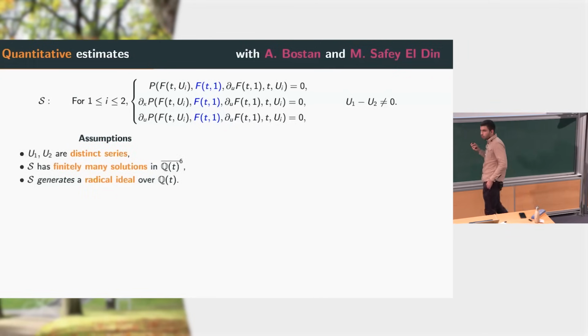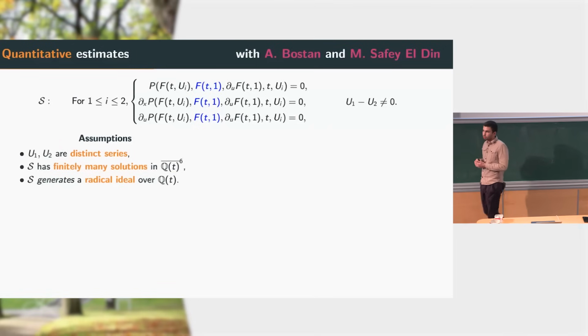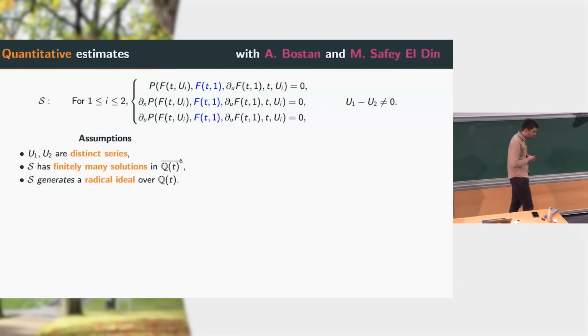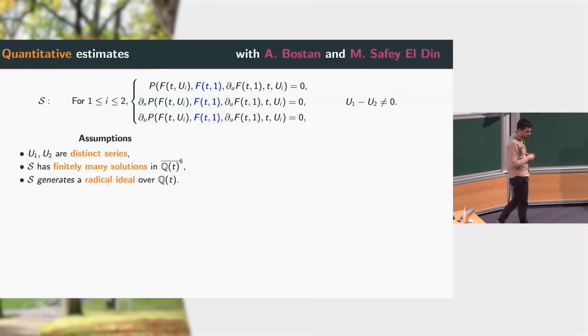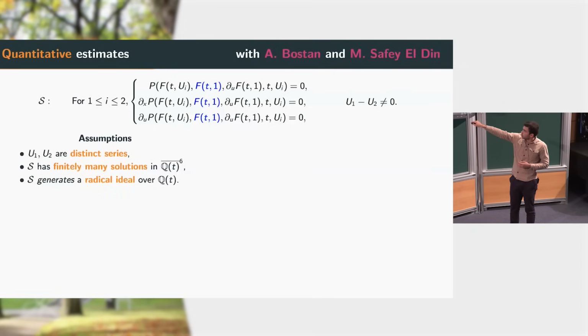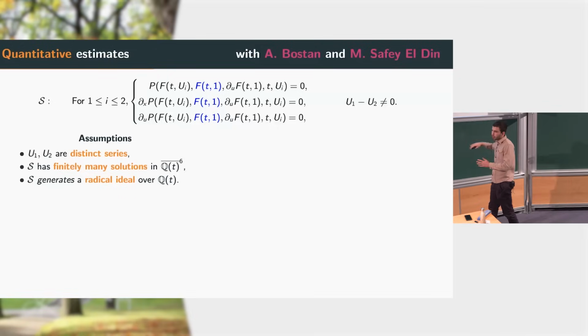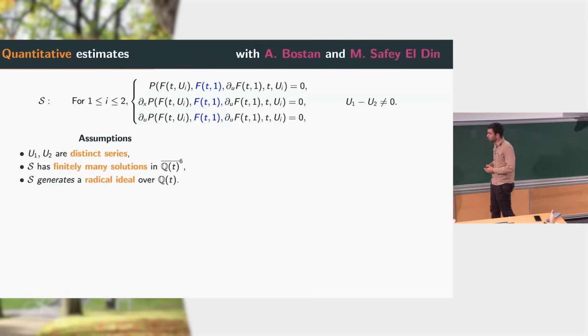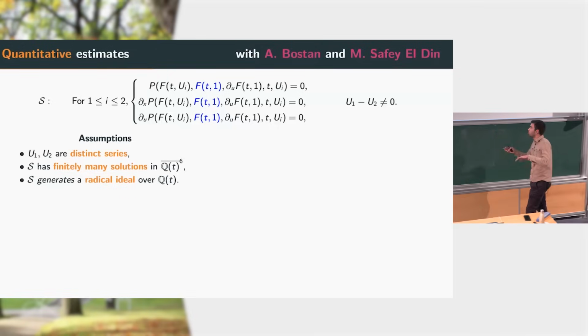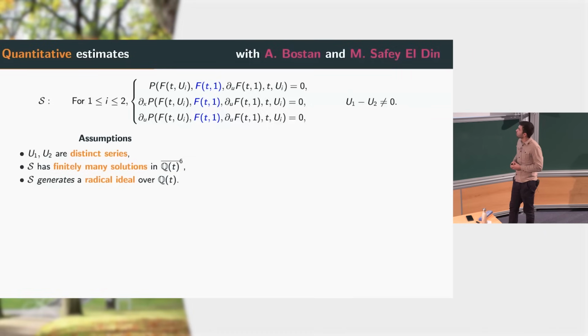To do this, I will first introduce some assumptions. So u1 distinct from u2, we already had it on the previous slide. And I will also assume that S has finitely many solutions, because otherwise I cannot eliminate all unknowns but F(t,1).